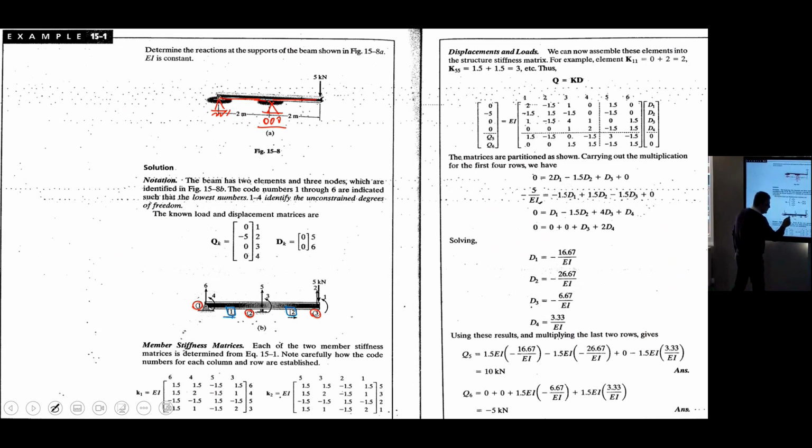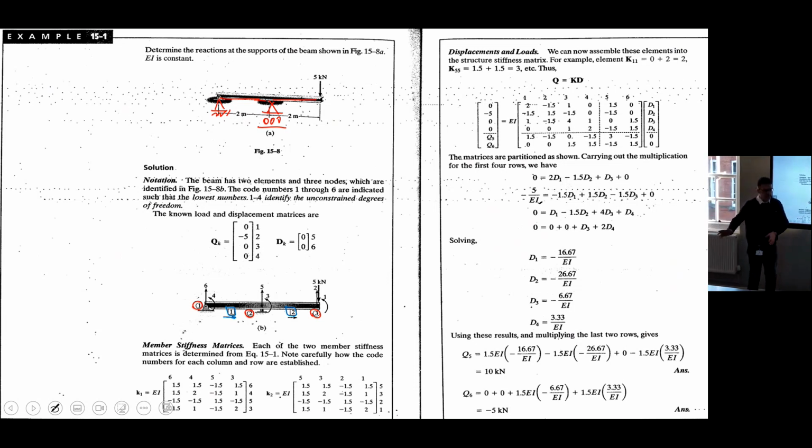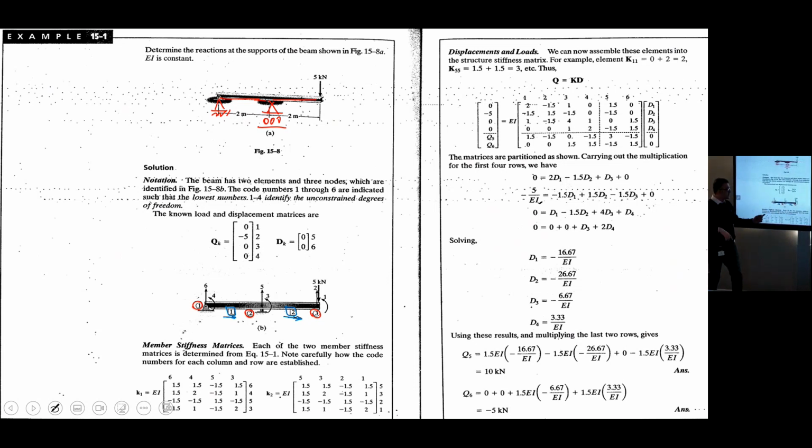And this arrow means I'm assuming it's coming from 1 to 2. 1 is near end, 2 is far end. Okay, I just want to be compatible with that previous slide formula. And this arrow means I'm coming from joint 2 to joint 3. So joint 2 is near end and 3 is far end for this element.